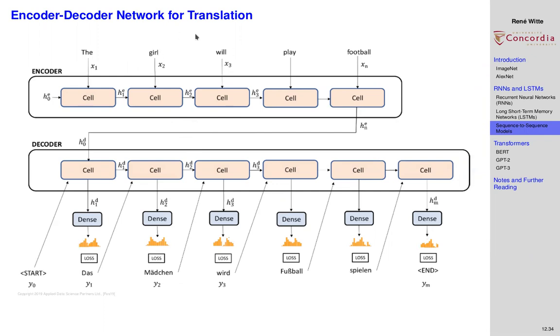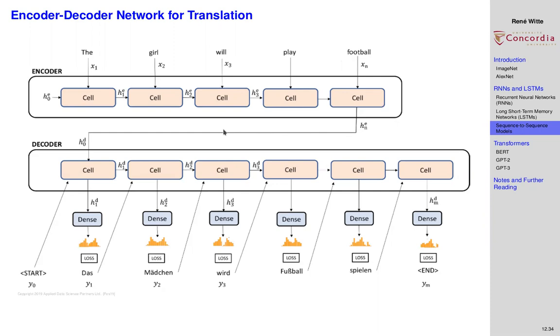So the input works just like before with an LSTM. We are feeding in our input one word at a time. In this case here, we have an English sentence that we want to translate. The girl will play football. Now, the new thing is that we sort of encode this into an internal representation.